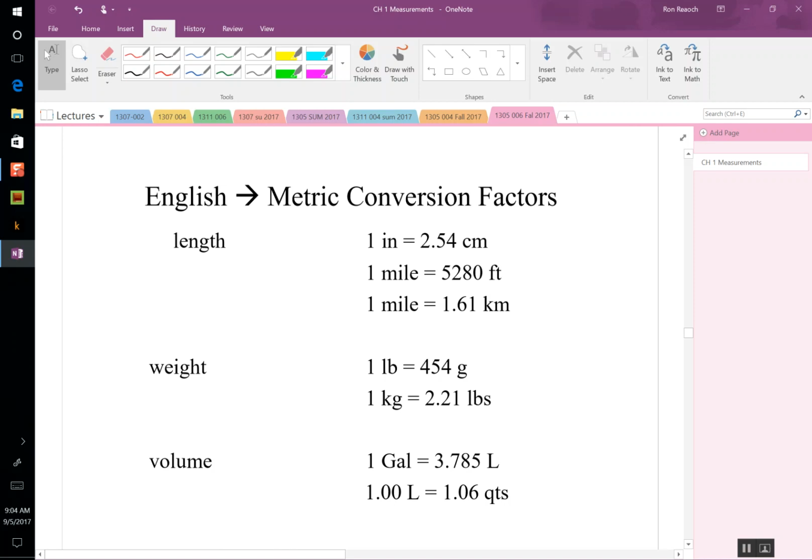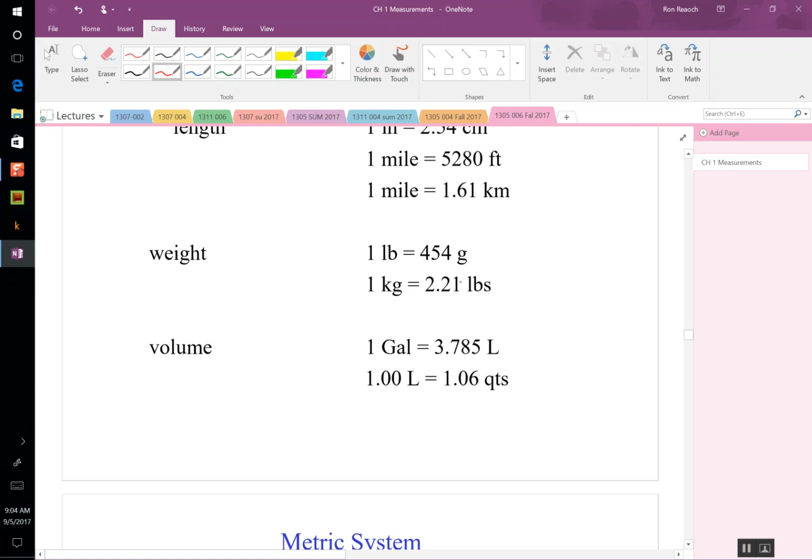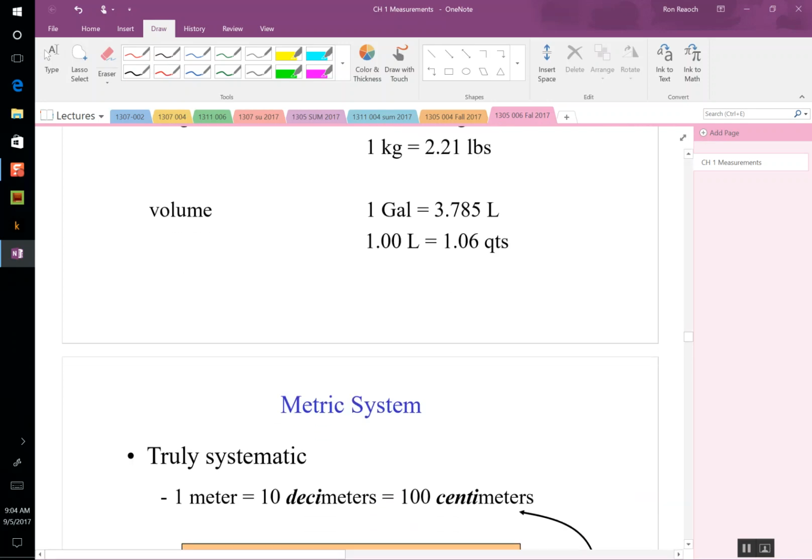The fundamental unit in the metric system, as we'll see in a moment, is the meter. For weight, we have pounds in the English system, and grams and kilograms in the metric. Volume, gallons, quarts, ounces in the English system.